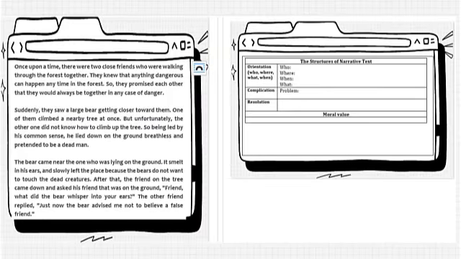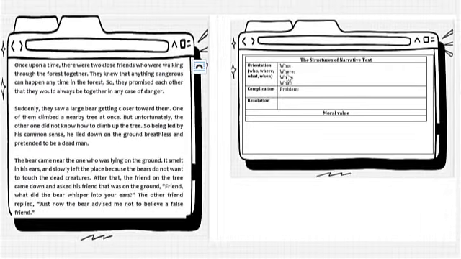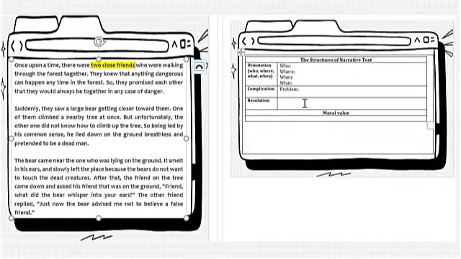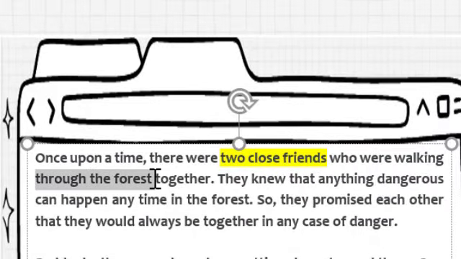And now let us analyze the structures of narrative text by using the cue sheet. We start from the orientation: who, where, what, and when. In the text, it is stated that two close friends are the characters, and the story happened in the forest.